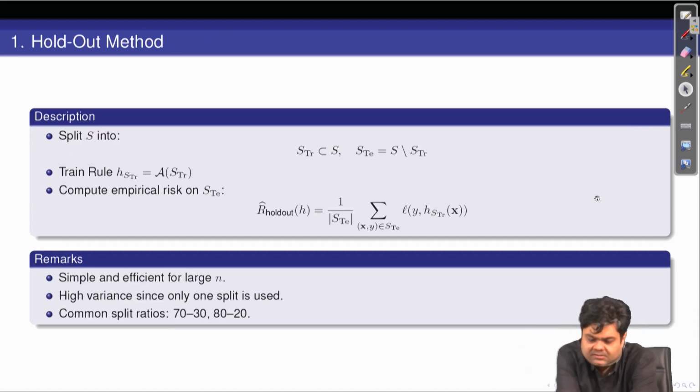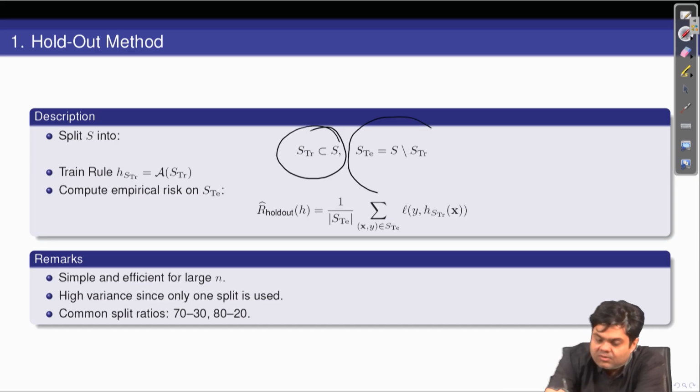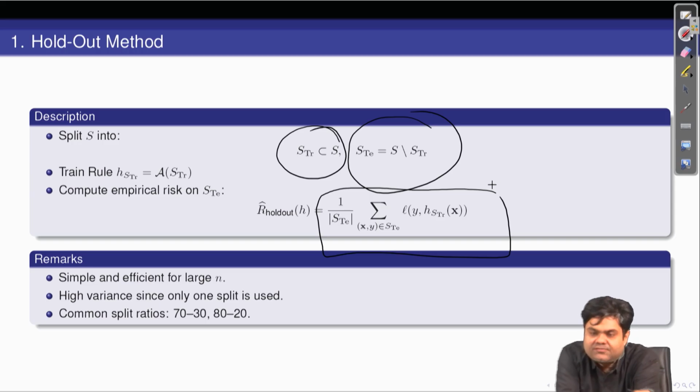So, this is the mathematical framework of the holdout method. You basically take the average loss function on the test set, that is called the holdout risk. This is the training, this is the test error. You fit the model using the training data, and test it on the test data by calculating this risk, the average loss on all the test data points.